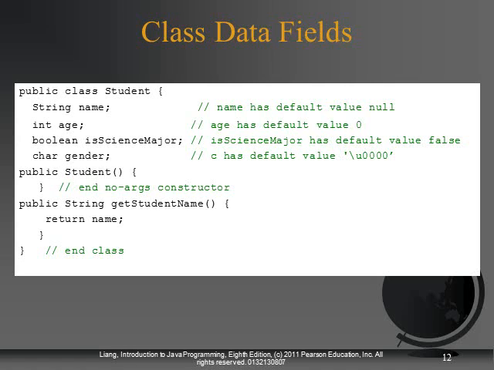Null is a reserved word, and it simply means it has no value. It doesn't mean blank. It doesn't mean 0. It simply means there is no value. The value is indeterminate. So null is a reserved word similar to true or false.